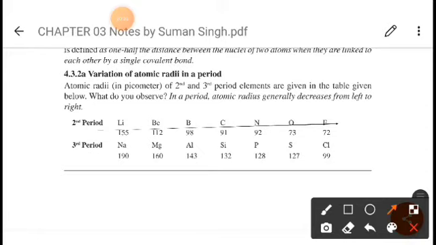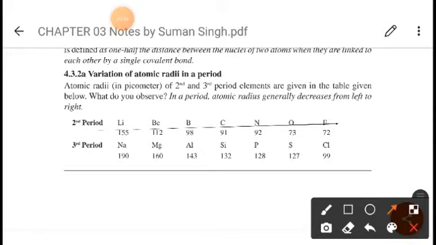As a result, the electron cloud is pulled closer to the nucleus, and this causes a decrease in the size of the atom. Hence, in general, the atomic radius decreases on moving from left to right in the period.